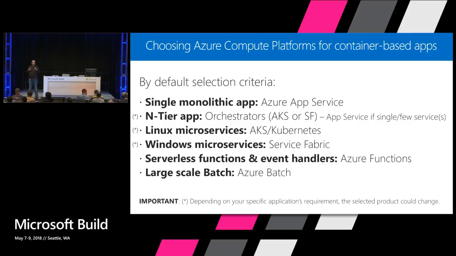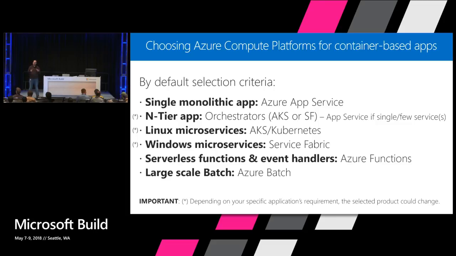Depending on your application, it might change. I can show you or tell you a few things that you could consider. For instance, if you are using Windows containers and you have a single monolithic application, the best way to go, the simplest way, will be Azure App Service with Windows containers. If you have an n-tier application, it's more about services, maybe WCF services, in this case, it depends.